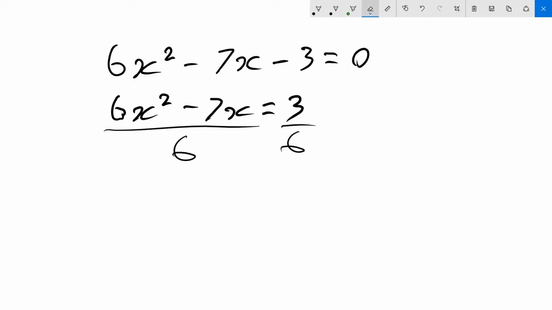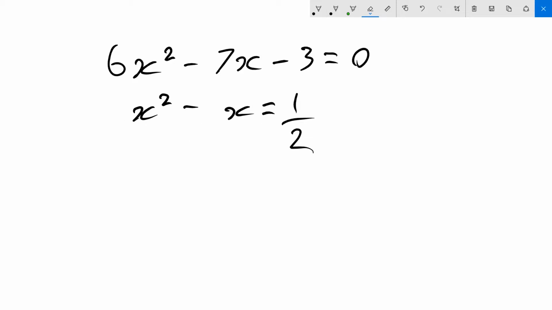In this case it's going to be 6, so we'll divide both sides by 6, and I'm going to rewrite that as 1/2. So it's just simplified down. It's now going to be 7x divided by 6. And now from here we just do the exact same method, but as you can begin to tell, this isn't going to be a whole number answer.